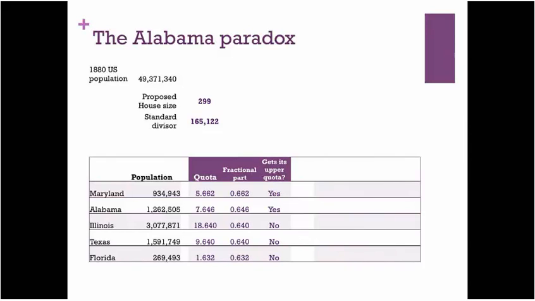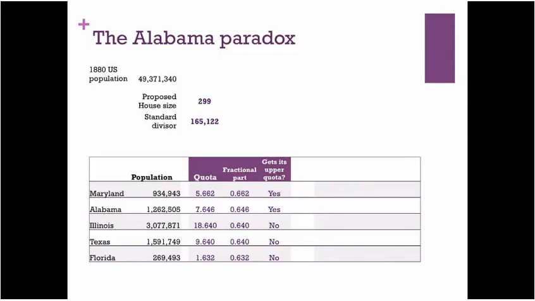Now, the particular 5 that I've chosen are sort of in the middle of the list because what I'm showing you are states arranged by their fractional parts. Okay, and here we are sort of in the middle of the list. Here we have fractional parts of about 0.6 or 0.7.